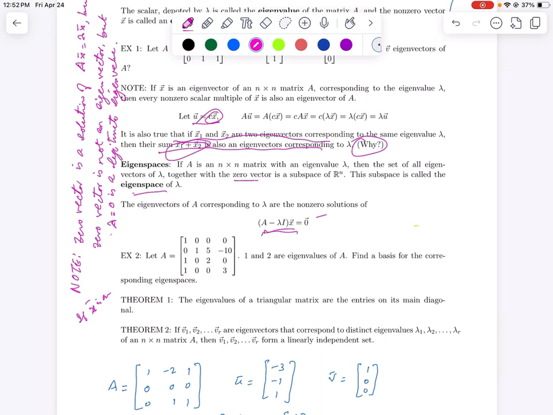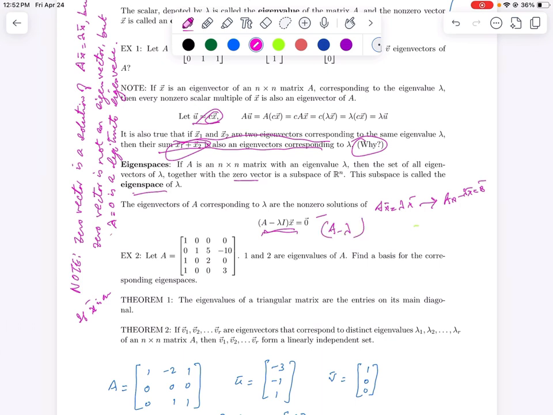So how do we get this equation? Well, we started with Ax equals lambda x, which leads us to Ax minus lambda x is equal to 0. Now all are vectors, so on the right hand side we have a vector. I can factor out the x, so I get A minus lambda.